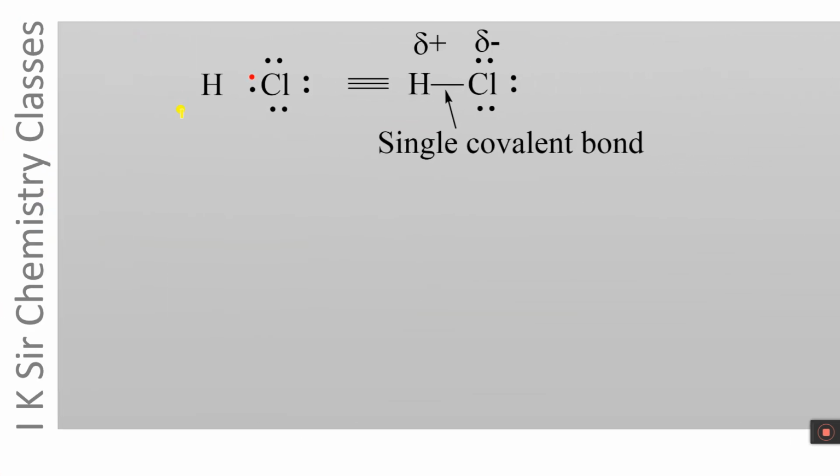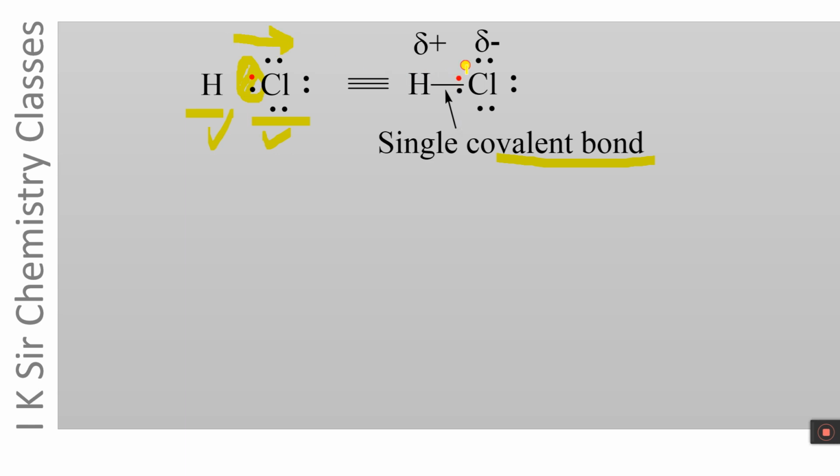In HCl molecule, H and Cl atoms share one electron pair between them, forming a single covalent bond. In this case, two atoms are different and the bond pair, that is shared electron pair, is displaced slightly towards more electronegative chlorine atom.